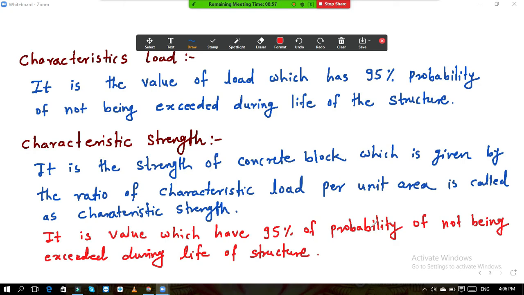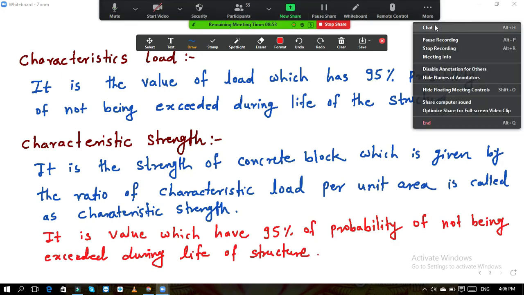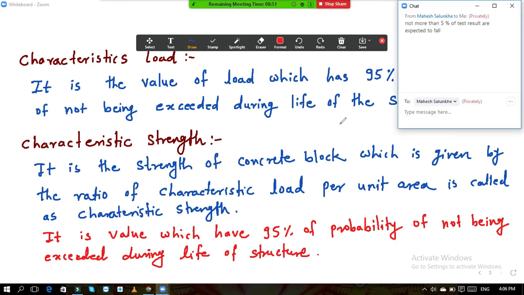In reverse, you can also say that not more than 5% of test results are expected to fail. So one and the same thing: if you use the 95% probability of success, then there is a 5% probability of failure. So these are the characteristic strength.